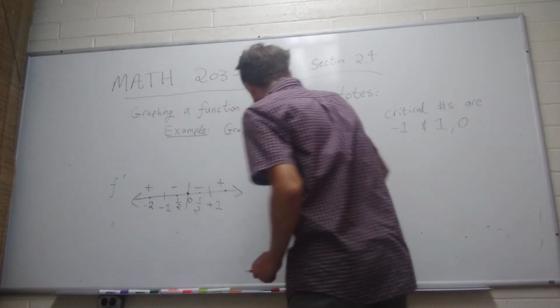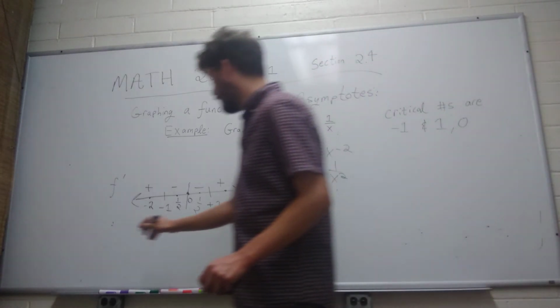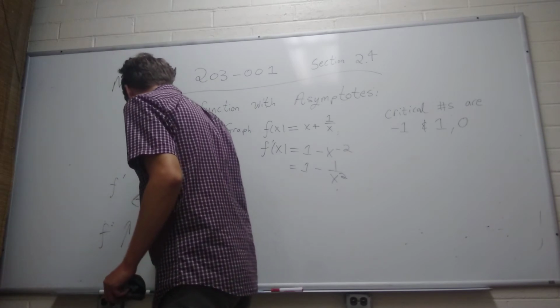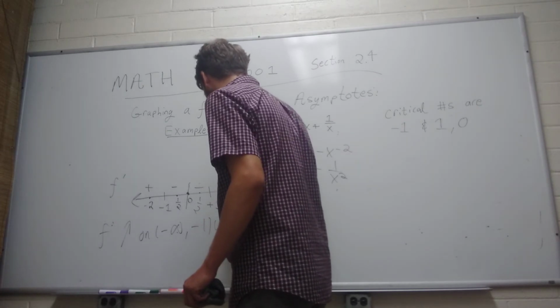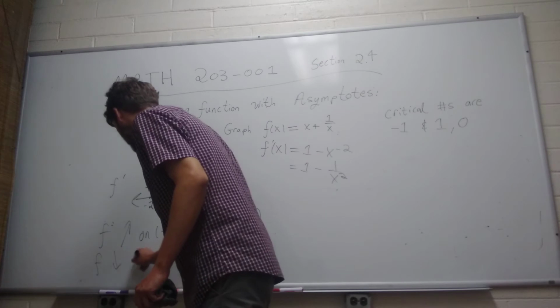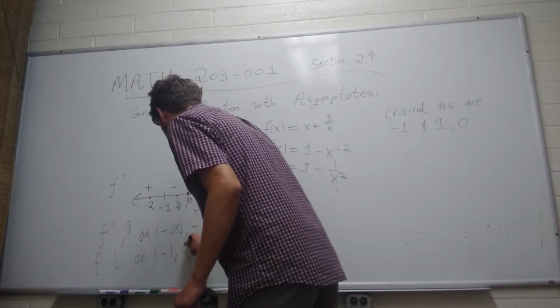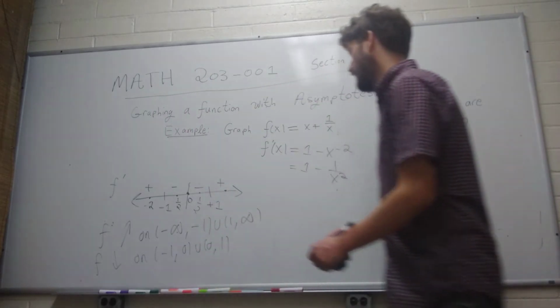So we've seen this before. There's nothing new here. We can conclude that f, the original function, is increasing on negative infinity to negative 1, and f is decreasing on negative 1 to 0, union 0 to 1.